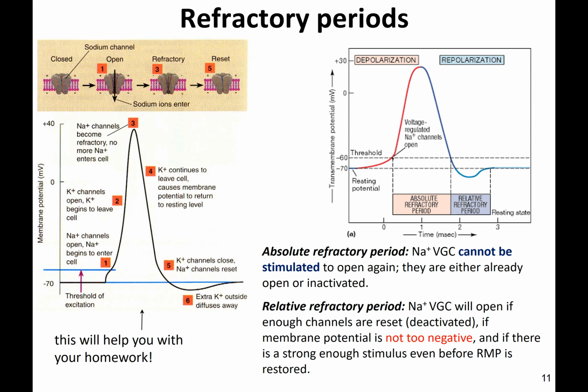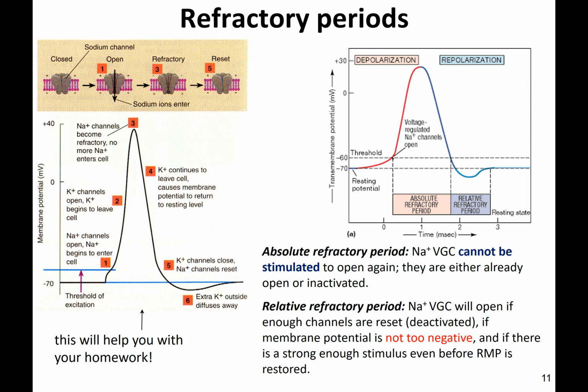So they open. We see the inside of the cell become more positive. That makes sense. And then we see the inside of the cell become negative because potassium voltage gated channels reach threshold too, and then potassium leaves. That's a loss of positive charge, and the cell becomes more negative inside.